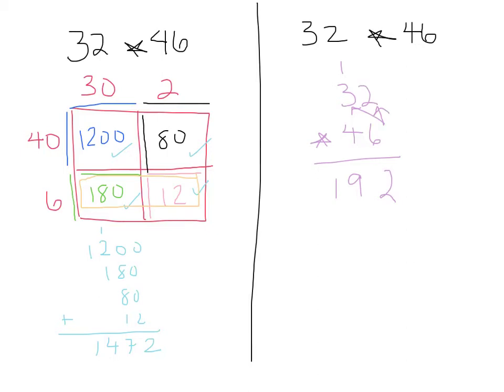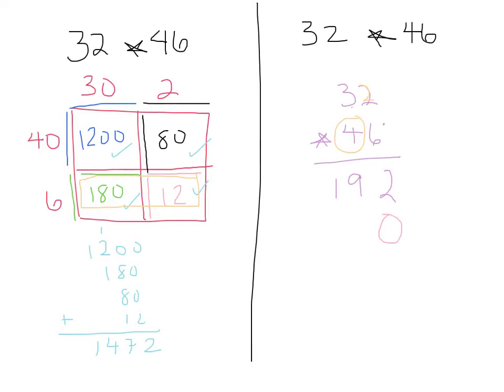Same exact thing. Now I'm going to erase what I carried before because I don't need it anymore. And this time I'm going to use the 4. I need to multiply the 4. The thing is that this is not 4, it's 40. So because this is 40, if I multiply 40 times 32, it's going to end with a 0.